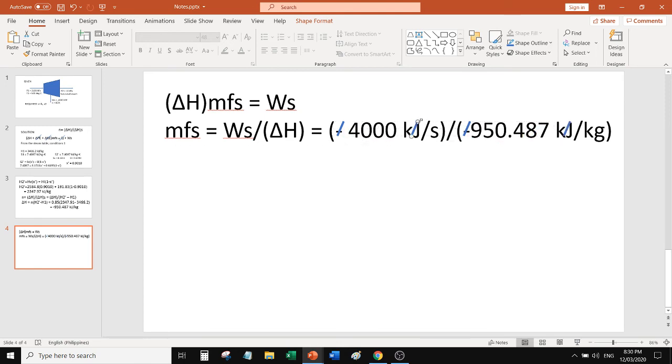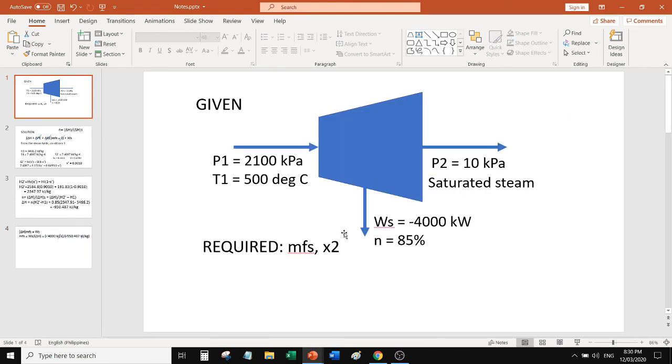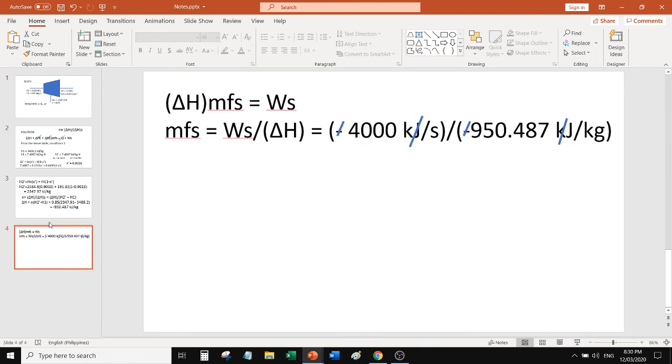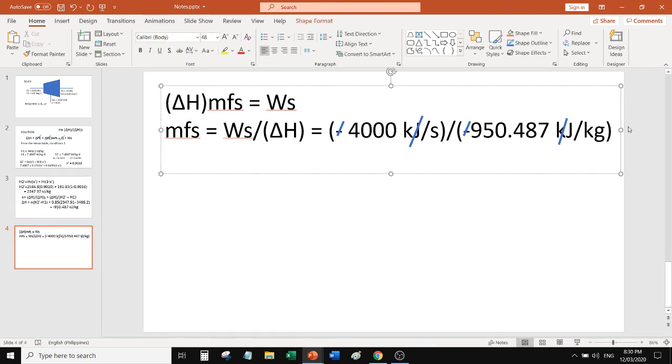Ang matitirang unit ay kilogram per second, which is tama, yun ang unit ng mass flow rate. Ang makukuha mo dyan ay 4.21 kilograms per second.